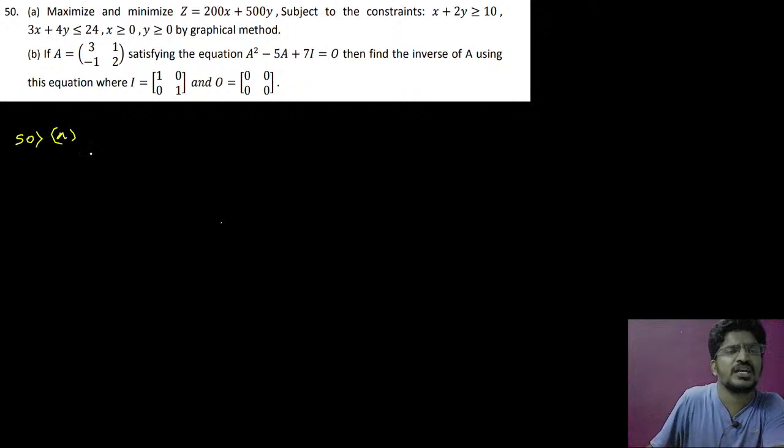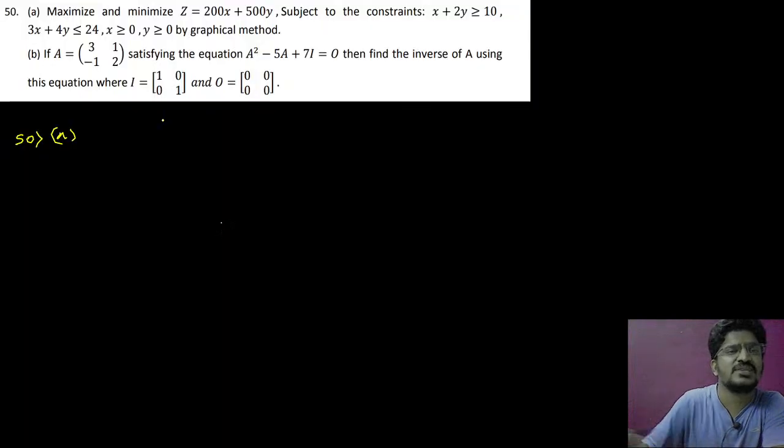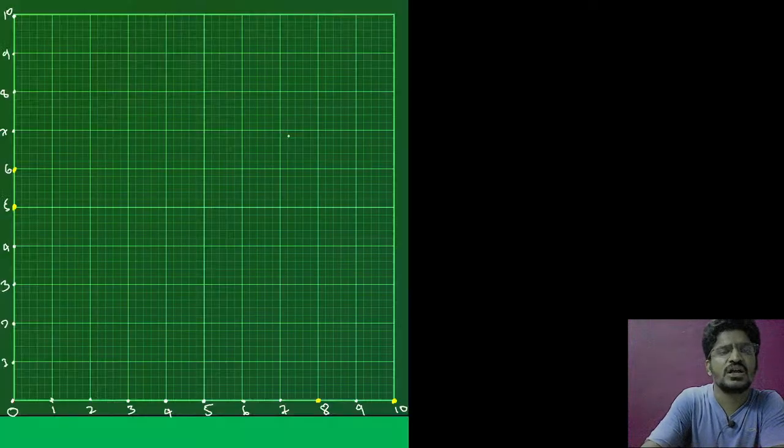A, that is maximize. Okay, I have graph sheet, no problem. Maximize z equal to 200x plus 500y. So directly I will go for the graph sheet.